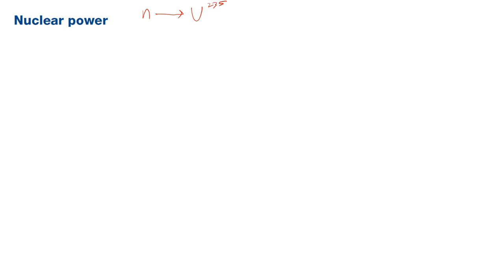Because of the high amount of energy this reaction generates, on fission we get krypton and barium and another 2 neutrons. Now these 2 neutrons again attack uranium present in the sample.